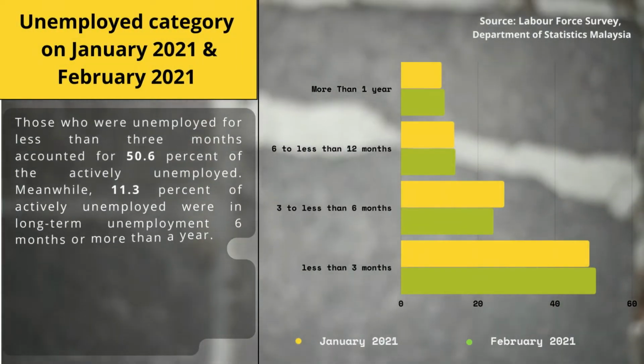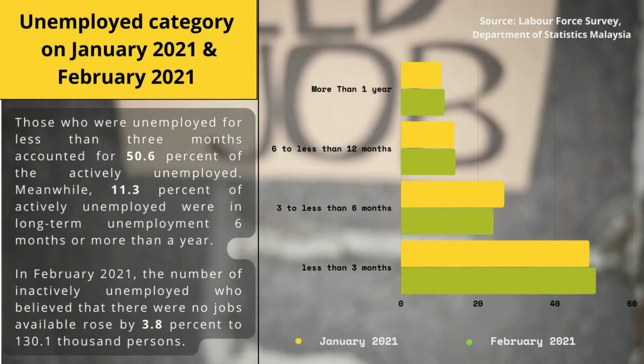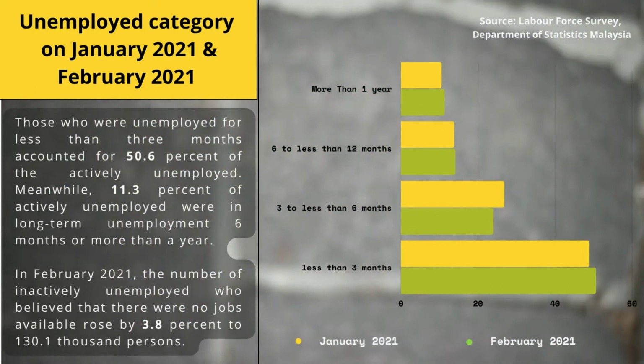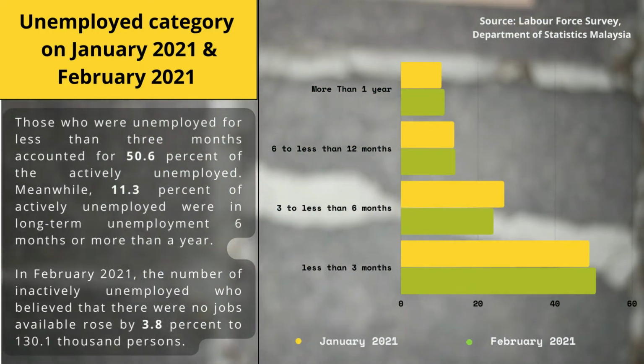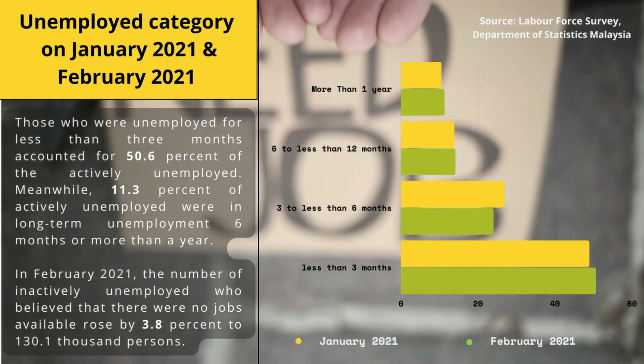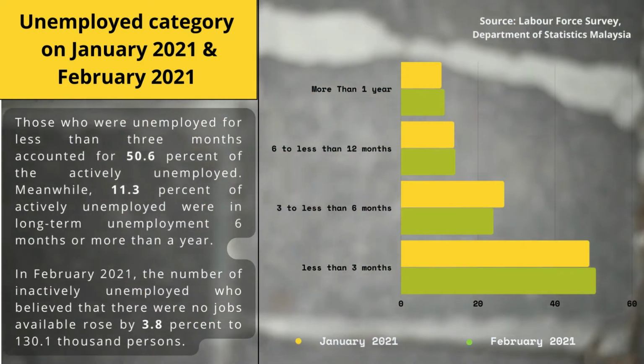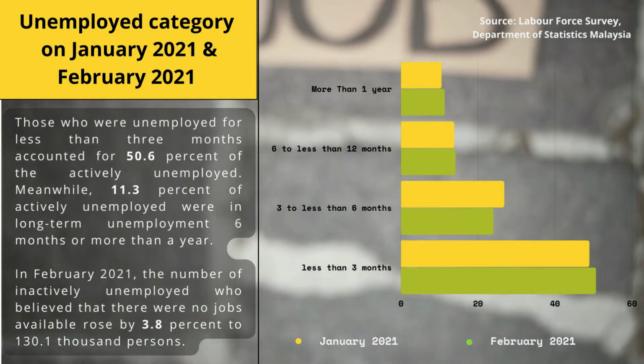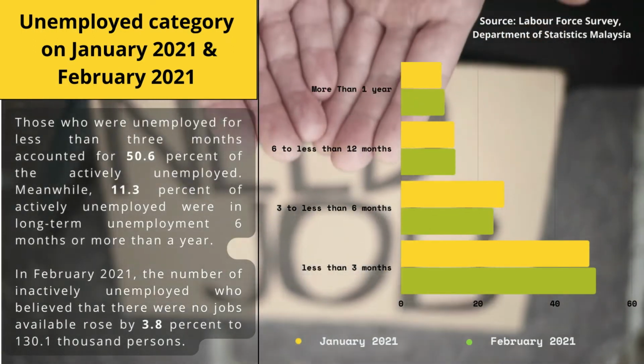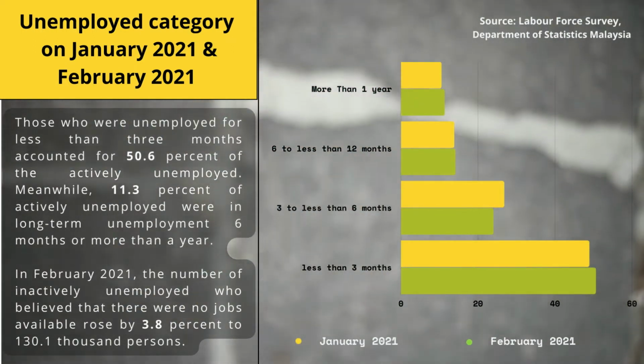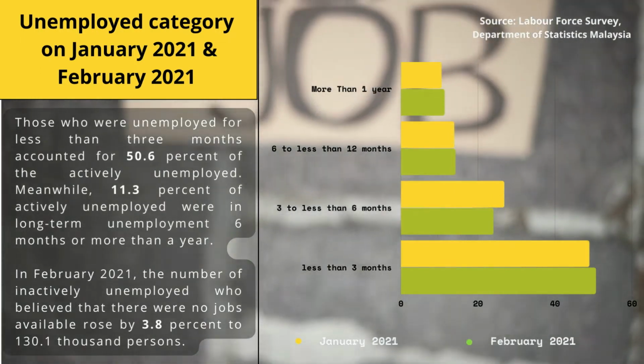For the next slide, as you can see here, this is a row chart that represents the unemployed category in January 2021 and February 2021. The yellow one represents January 2021, while the green one represents February 2021.